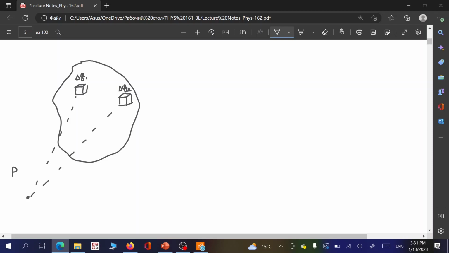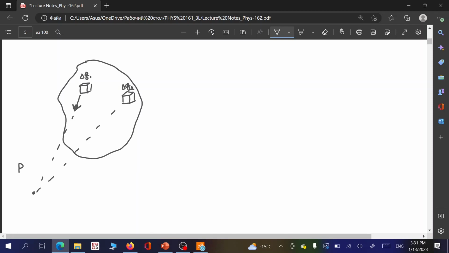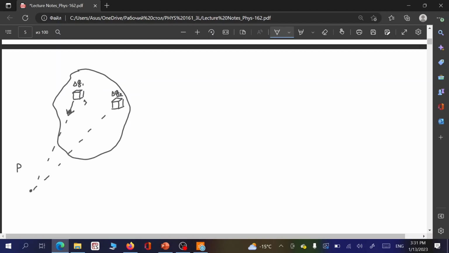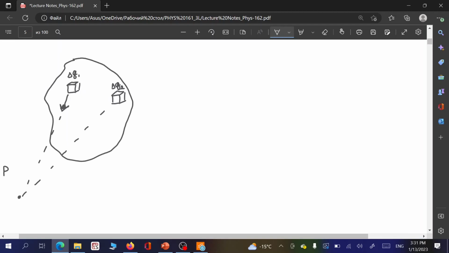Here we have R1 unit vector, and this is R2 unit vector.